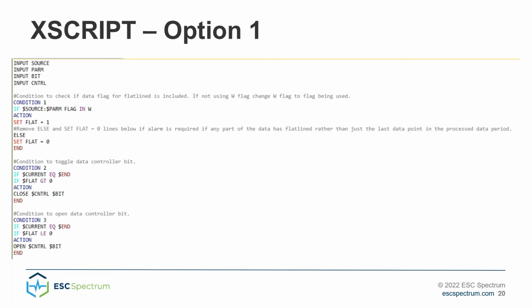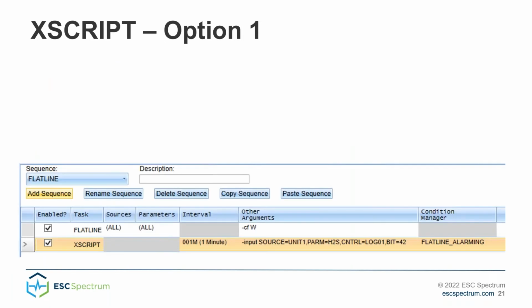So for setting this up, you would add it to your flatline sequence, and it would just go after the flatline task. And then in the other arguments, you would set up what you want input into the script.